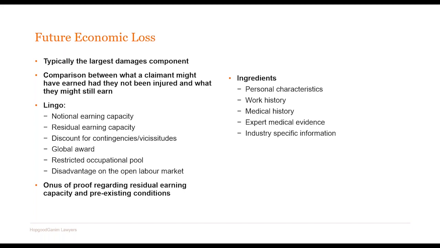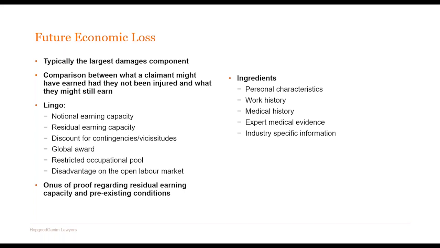The next type of discount that's applied is a discount for contingencies or vicissitudes. Those are things that might happen in the future to negatively affect the claimant's earning capacity, independent of the subject incident. There is a somewhat standard discount of 15%, but there might be a departure from the standard, either higher or lower, depending on the claimant's personal characteristics, medical history, or industry-specific information.